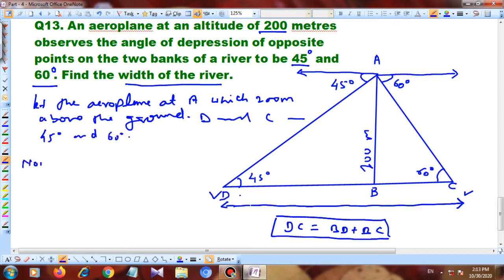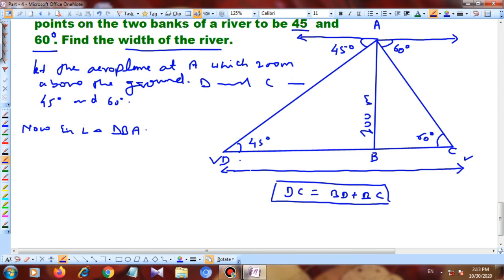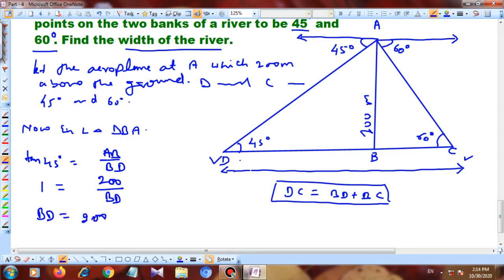Now in right angle triangle DBA, tan 45 equal to AB upon BD. So value of tan 45 is 1. So this is 200 upon BD. So value of BD will be 200, right?